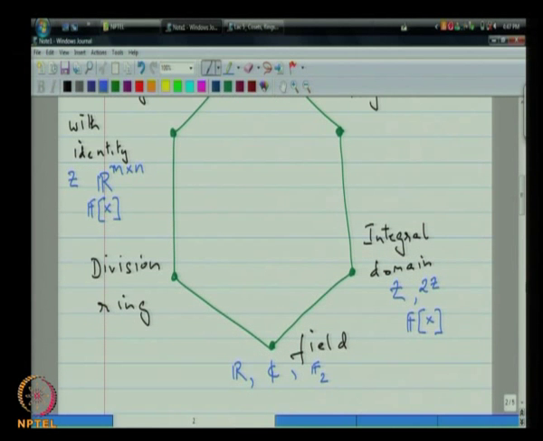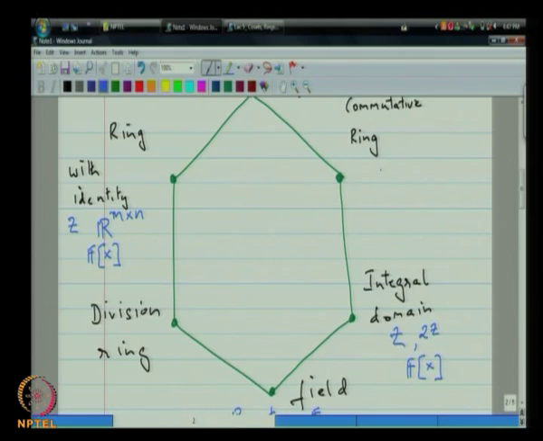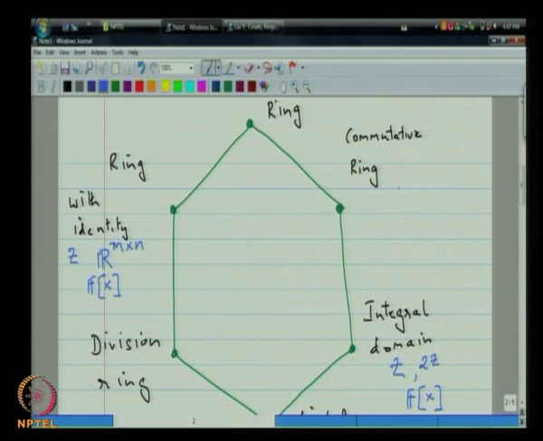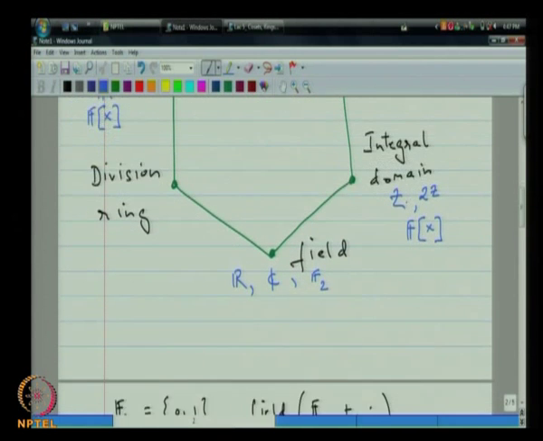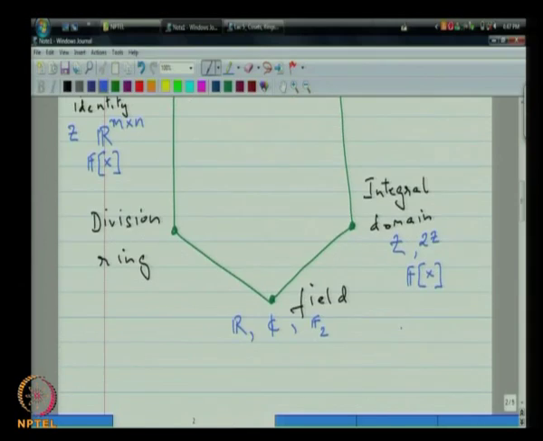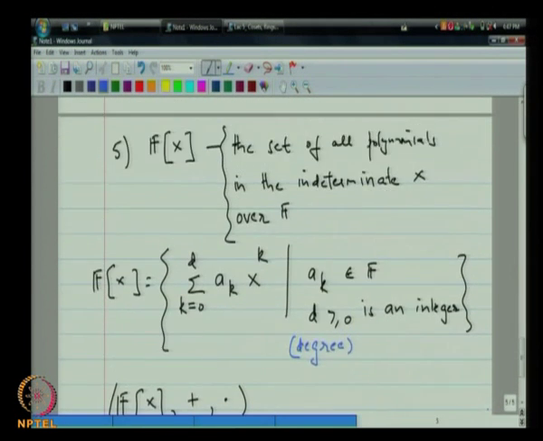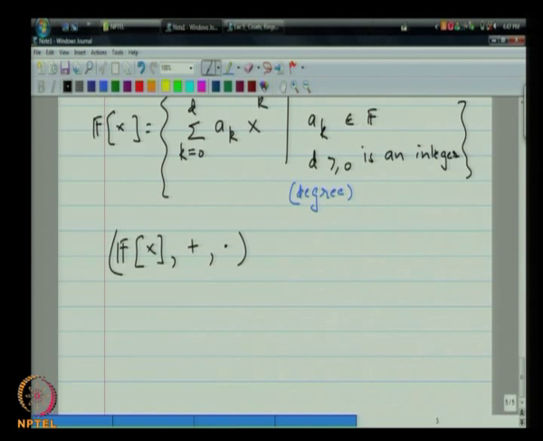Now, if you look at this figure, there are two gaps in some sense. So, what could we put in here and here? In other words, we are looking for a commutative ring which is not an integral domain. So, this is example 6 then.